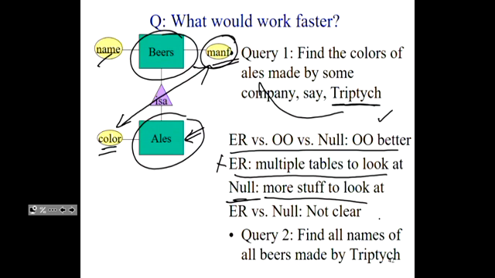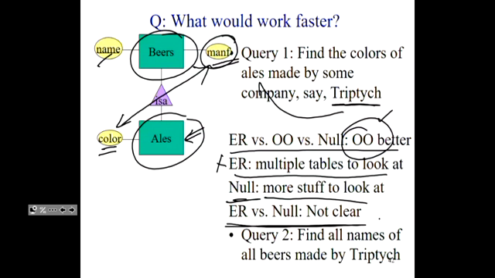The ER approach has two tables to look at as opposed to one single table. The object-oriented approach, you just need to look at one table. That table contains all of the information that's pertinent to my query. There's not that much redundant extraneous information, so I'm good. So the object-oriented approach is the best in this case. Between ER and null valued approach, it's not actually clear which one would be better, okay?